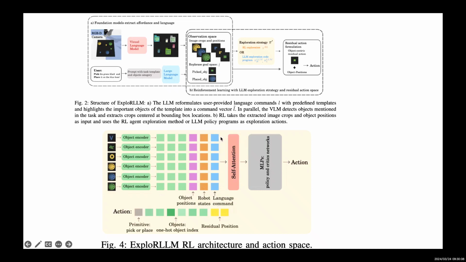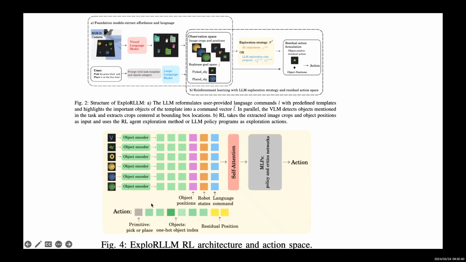After getting the features for each object in the environment, a self-attention network is utilized here to extract the features of the environment, and after that, MLP-based policy and critic networks under the framework of reinforcement learning are utilized to output the actions.